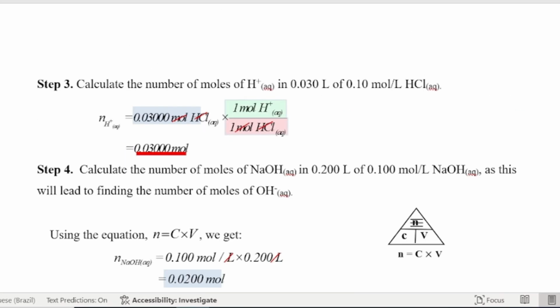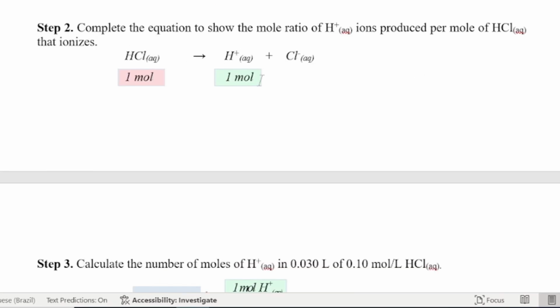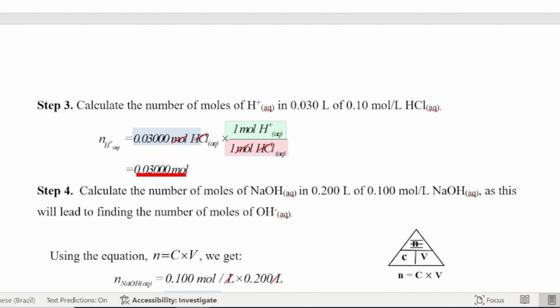Of course, we know the mole ratio of hydrogen ions produced for every 1 mole of HCl that ionizes, and it's a 1-to-1 mole ratio. You take the number of moles of the parent molecule and multiply it by the mole ratio, which is 1-to-1. So we get this number of moles of hydrogen ions in that 300 milliliters of solution.